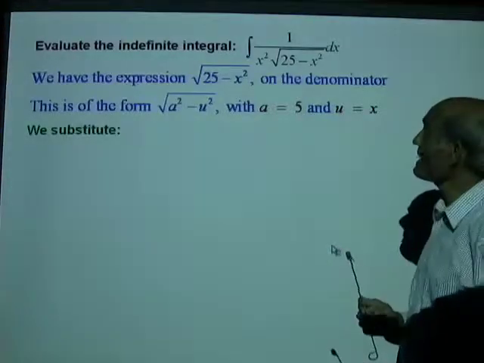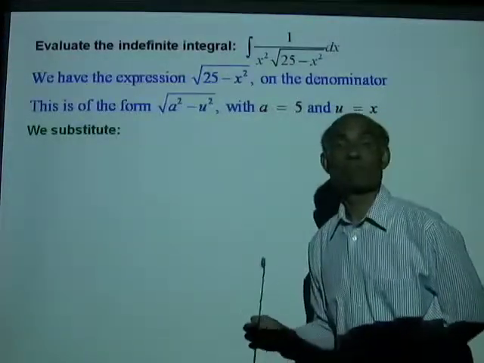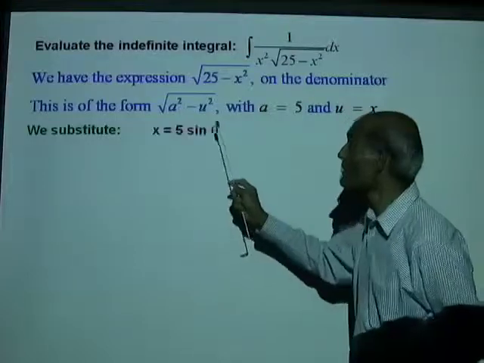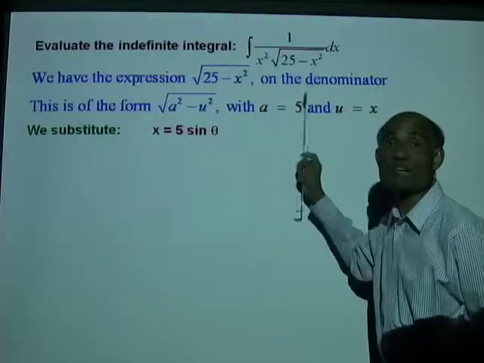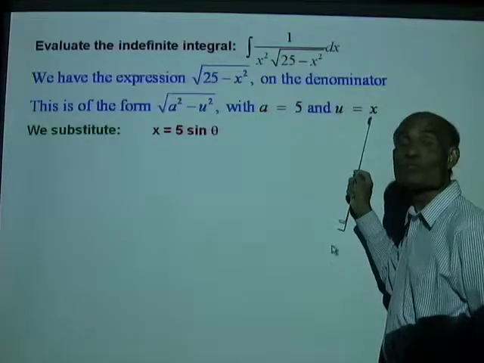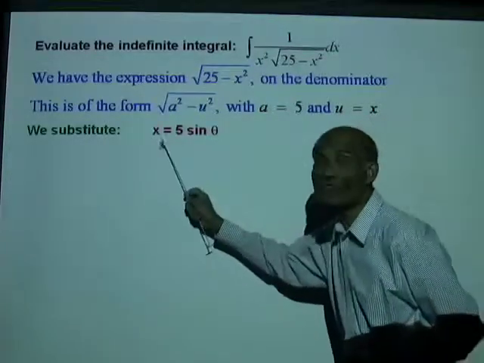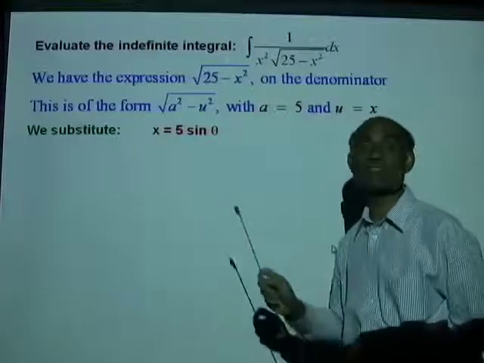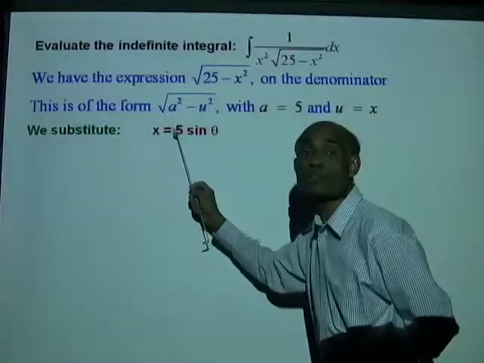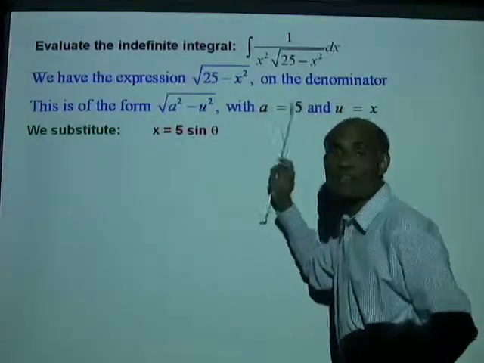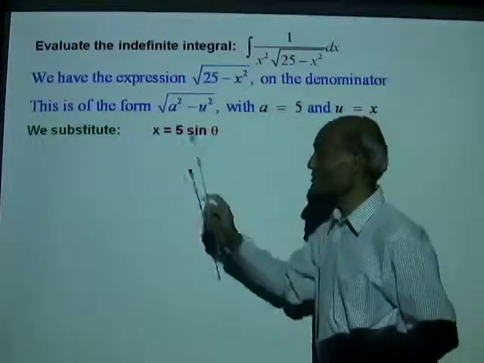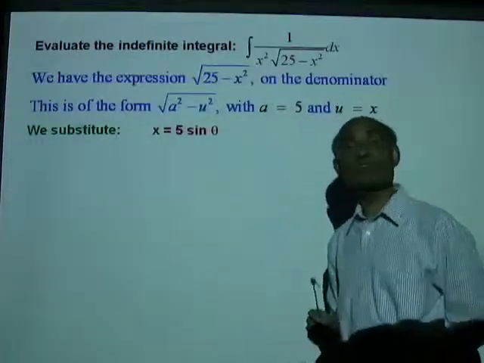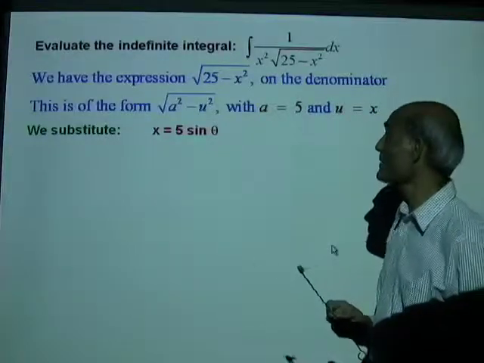Now, what is our substitution? Our substitution must be u equal to a sine theta, but in our case u equal to x. So we say x equal to 5 sine theta, since u equal to x and a equal to 5.